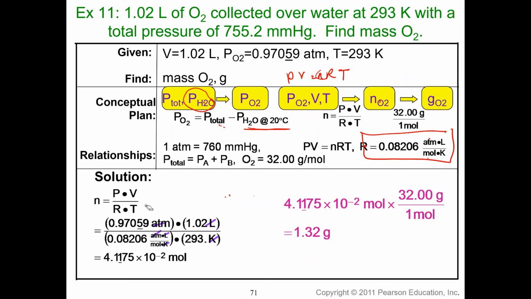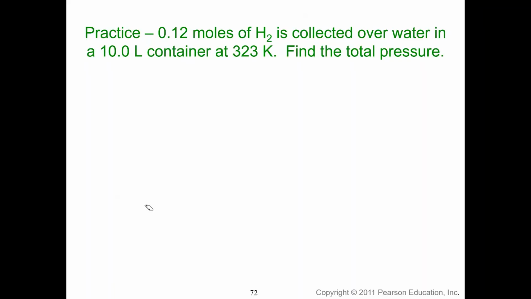All right, let's go to the next problem. We have moles of hydrogen collected over water, right? And the volume and temperature are the same for both, remember? Always temperature and volume, two variables, are the same for the mixture of gases. Find the total pressure.